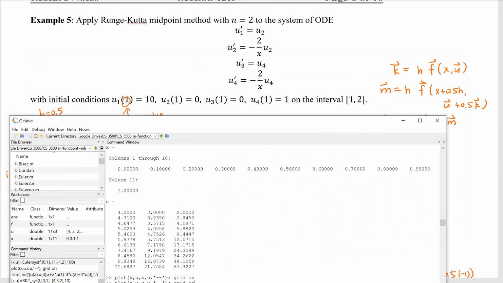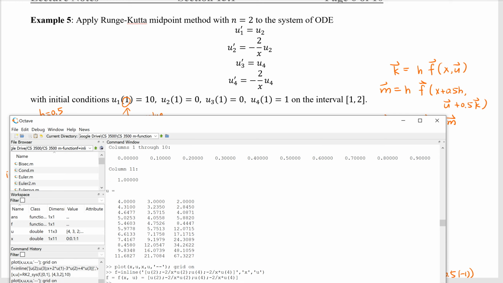All right, so we have the function here, u2, and then we have minus 2 over x times u of 2, and then we have u of 4, and then we have minus 2 divided by x times u of 4.